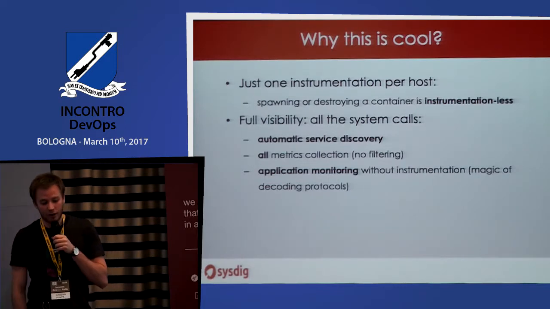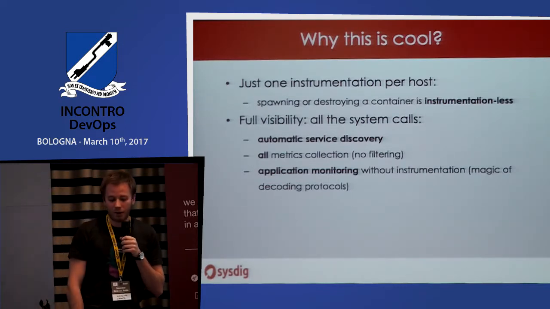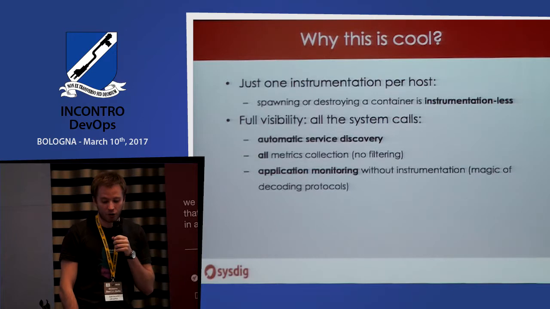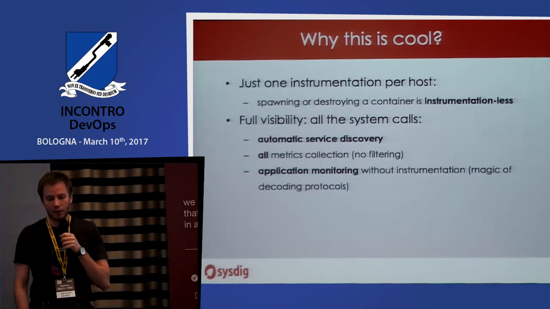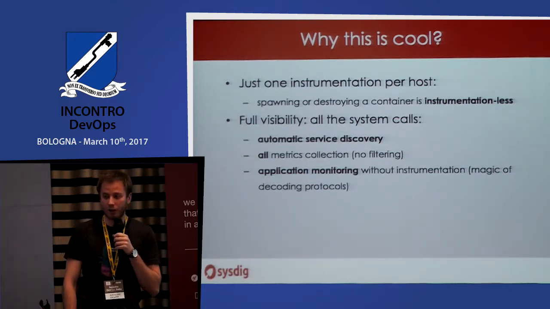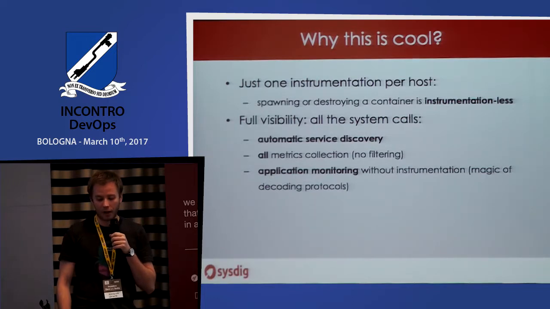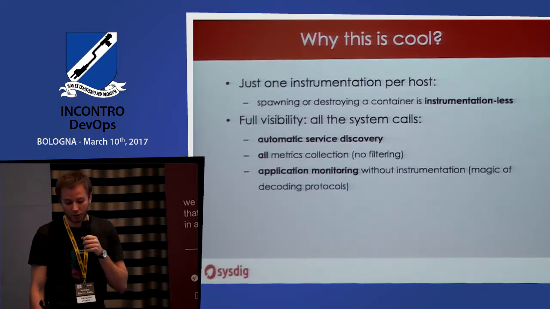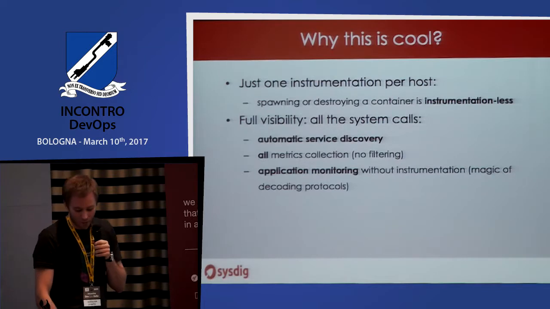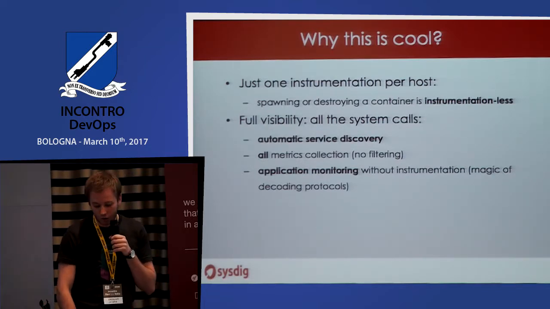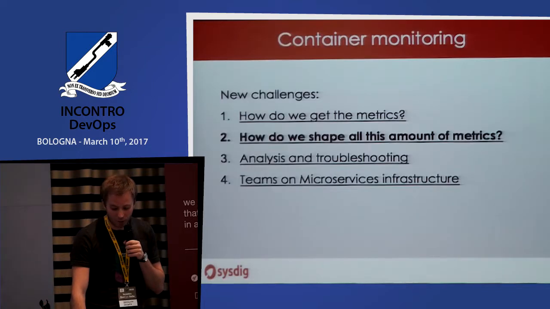These are the two main advantages of kernel instrumentation: one per host with the least overhead, and full visibility of all the system calls. So we can get all the metrics from the native host and all the other containers. This is also very useful for the security purposes that we are developing.